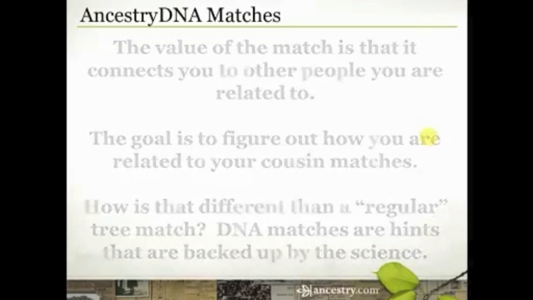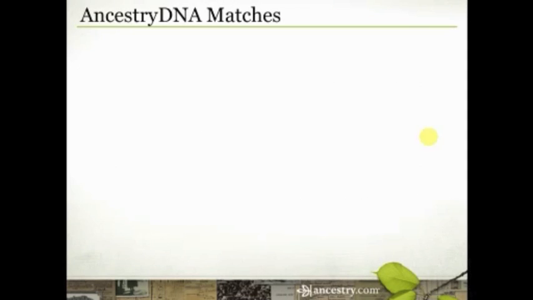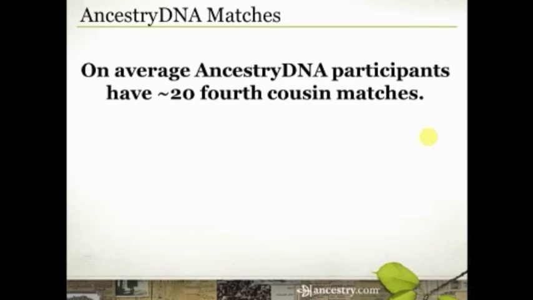So let's talk a little bit then about what experience people are having, so that you can gauge where you're at on this scale. On average, we've discovered that AncestryDNA participants have about 20 fourth cousin matches.